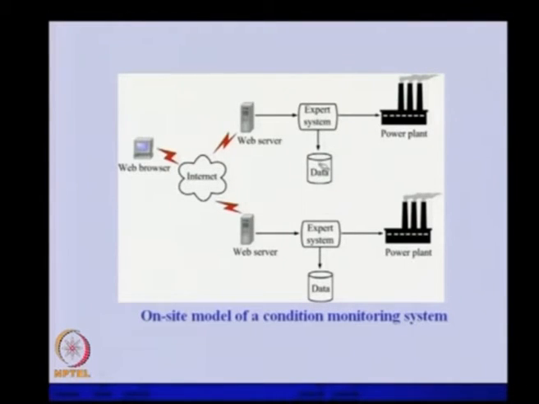This database and the online data coming to the system through the net can go to various web servers, and from there experts can view it and see the condition of the machine. If there is some unusual case, they can pinpoint that some fault has already appeared in some machine component or some sub-plant, or is going to happen. That kind of interface we can build for such large systems.